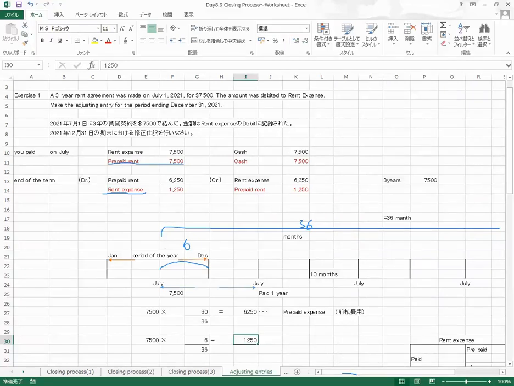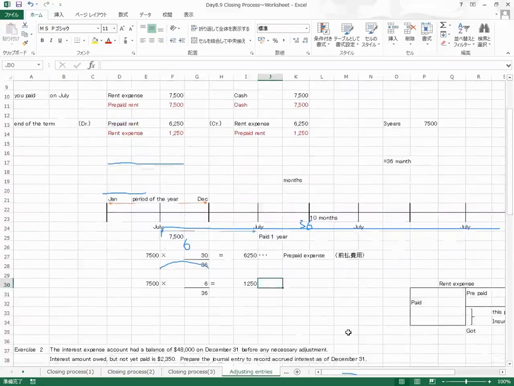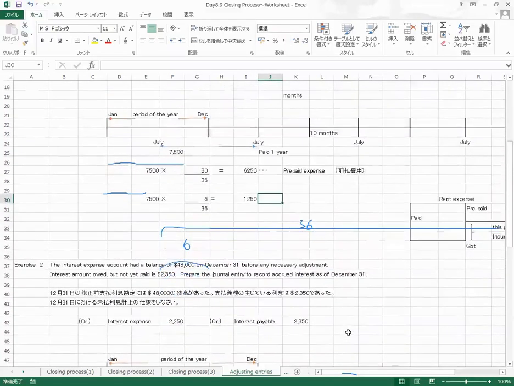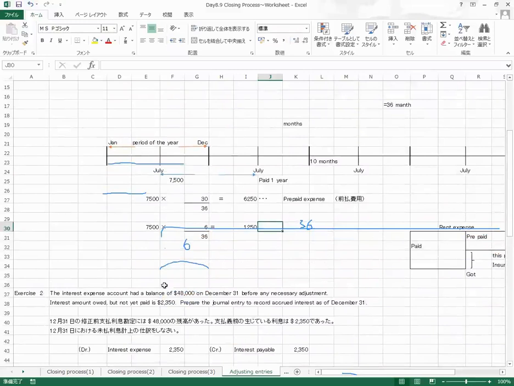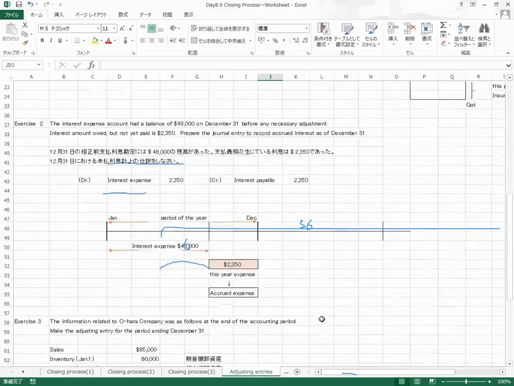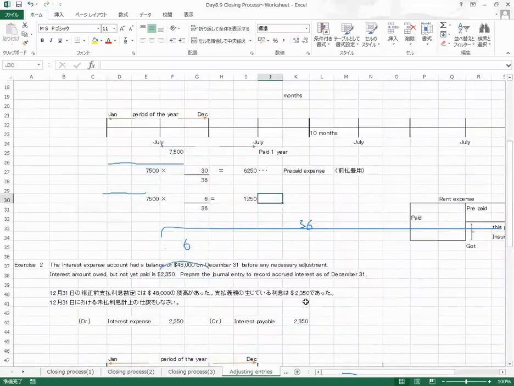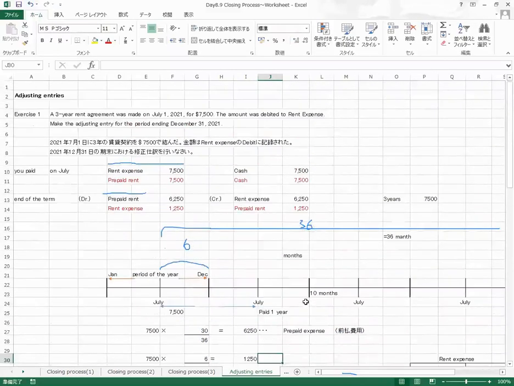Thank you. So please review today's lesson and, as homework, go to exercise 2 and exercise 3. Please think about them and challenge exercise 3. Also, you will review the trial balance.